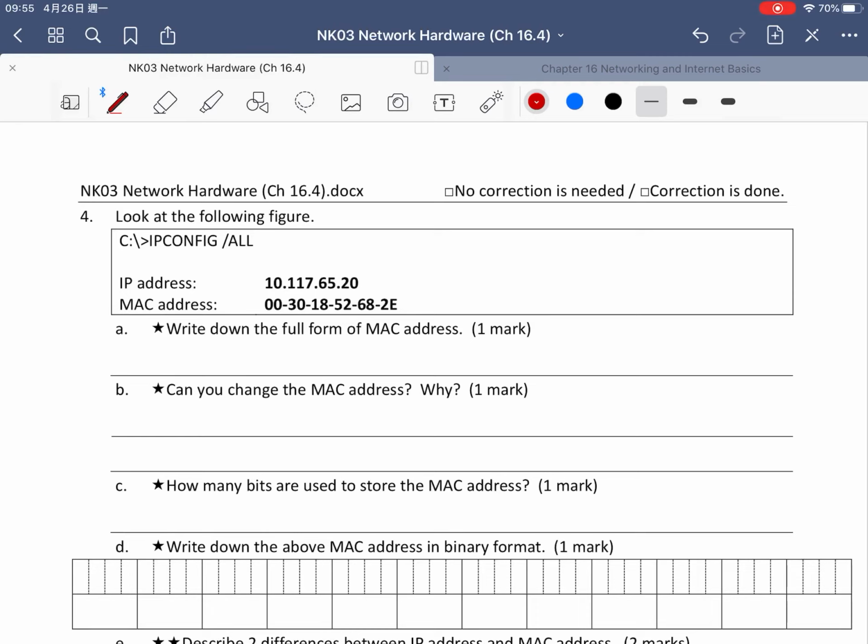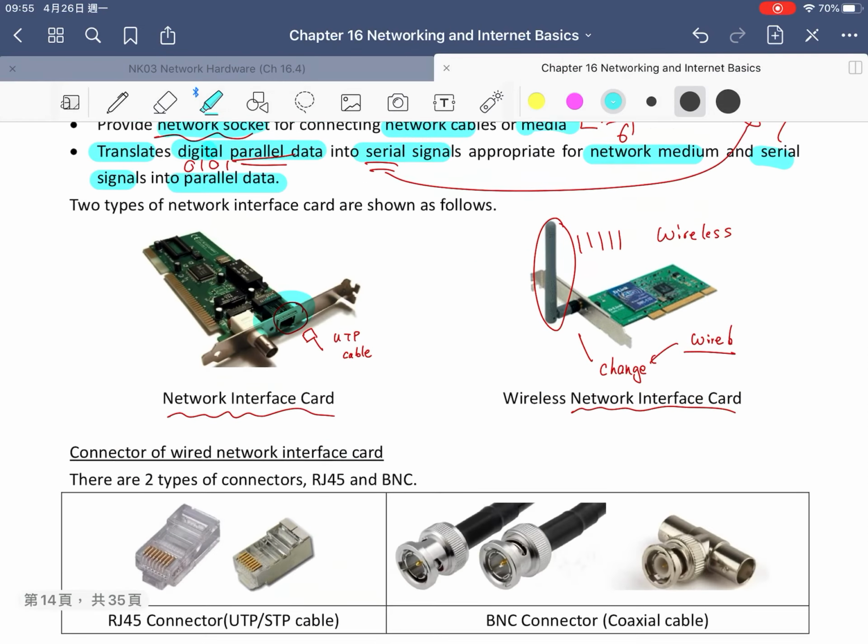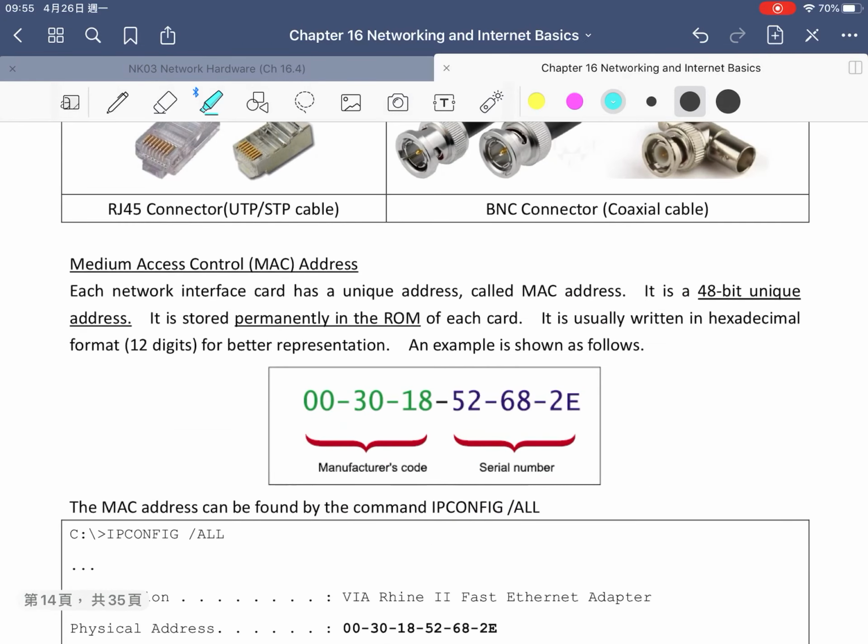And then the second, question number 4 is about the MAC address of a network interface card. Every network interface card has a unique address. It is called MAC address, medium access control address.